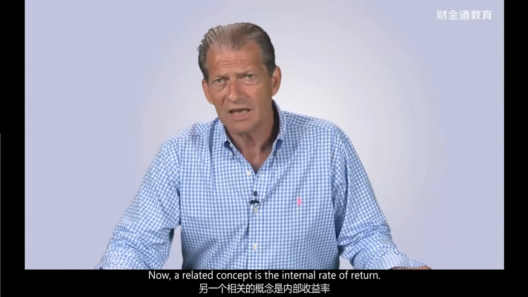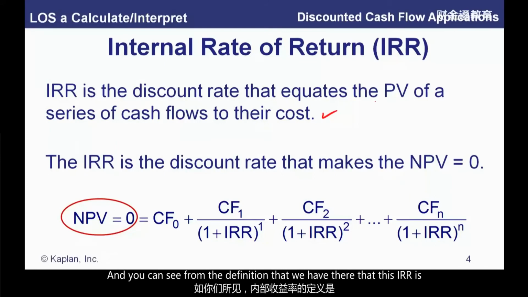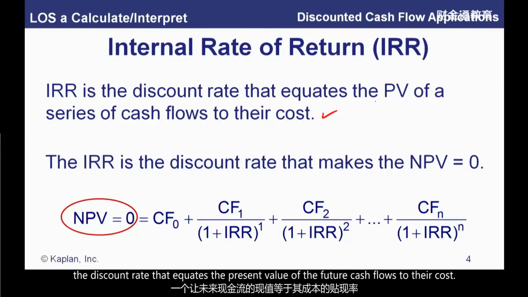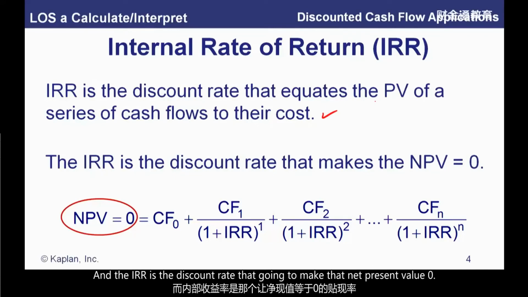Now, a related concept is the internal rate of return. And you can see from the definition that we have there that this IRR is the discount rate that equates the present value of a series of cash flows to their cost. So you can see I've set up the net present value equation here, and the IRR is the discount rate that's going to make that net present value zero.